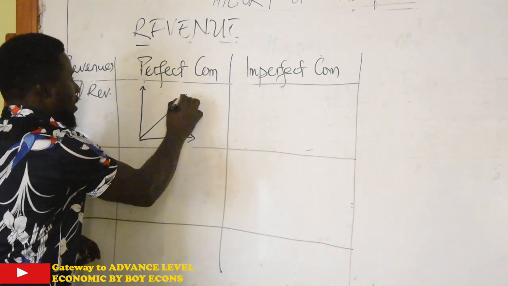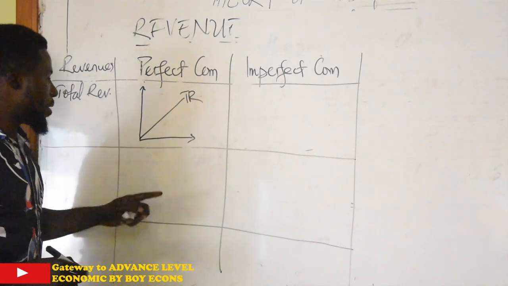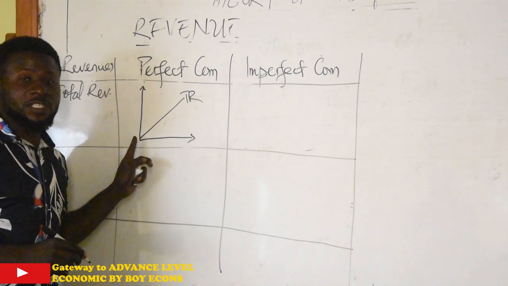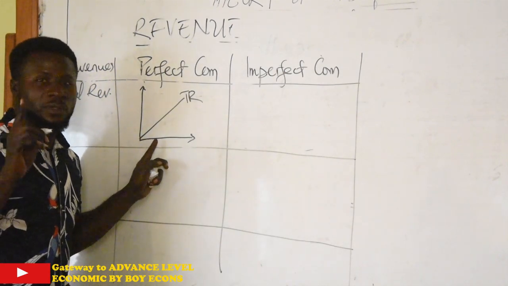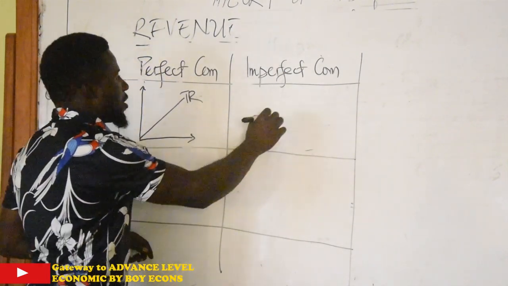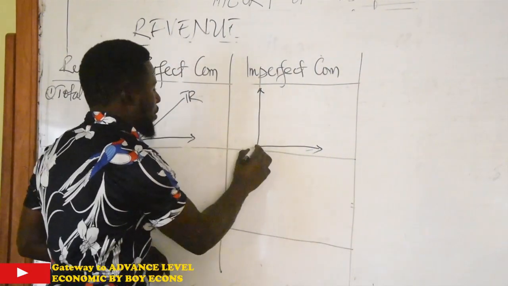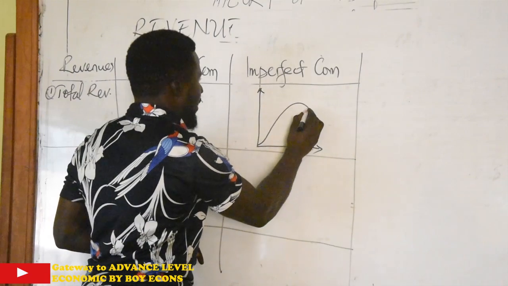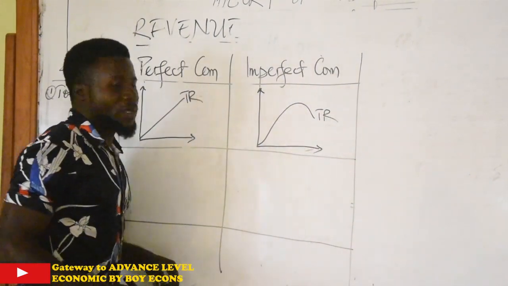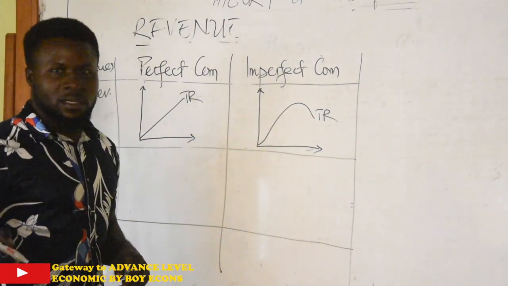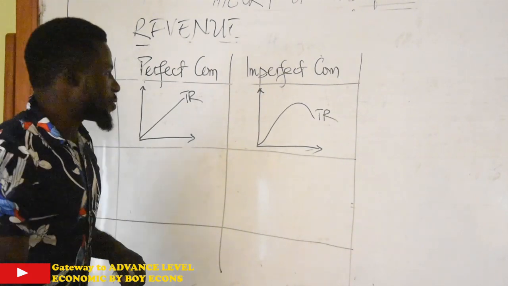It is a diagonal straight line. Remember, total revenue must always begin from 0 because when output is 0, total revenue must be 0. And then under imperfect competition, we do not have a diagonal straight line. We have our total revenue having that curvature because prices are not constant. Prices vary as more is being sold.